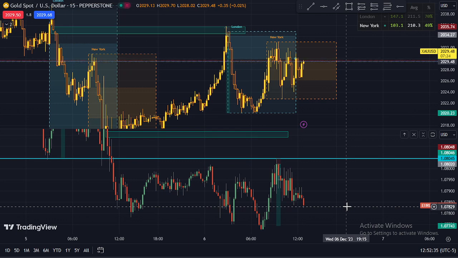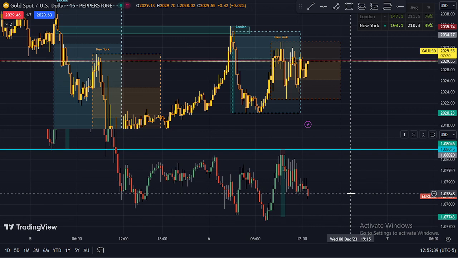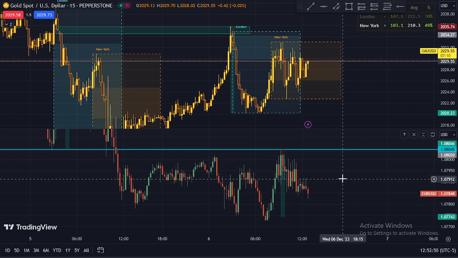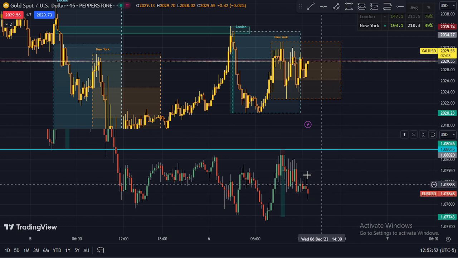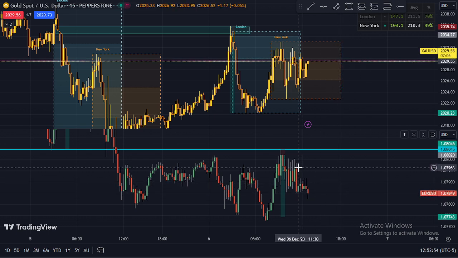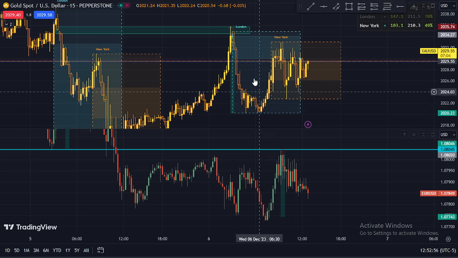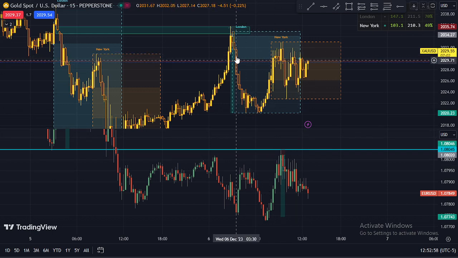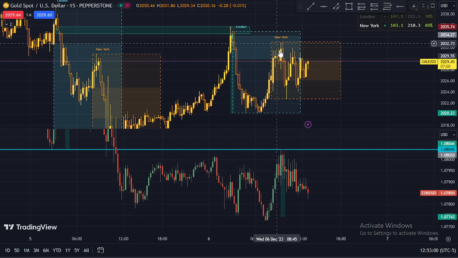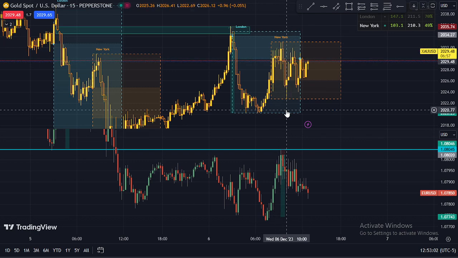So what I'd like to say is whenever you see a fair value gap, it takes precedence over any PD array. What do I mean by that? 90% of the time price reacts to a fair value gap more than any other thing. So for instance, like here in gold, it reacted to that, consolidated, and then moved lower.